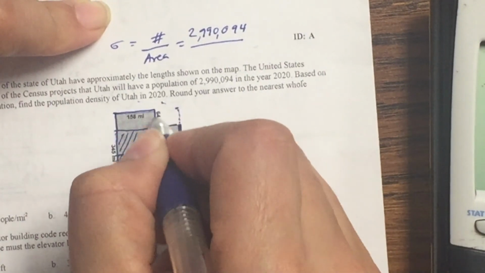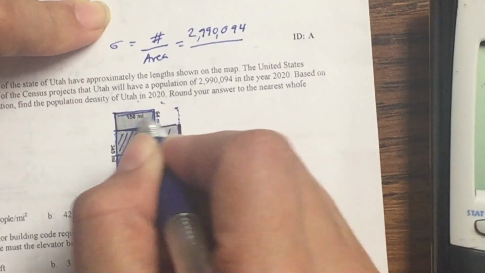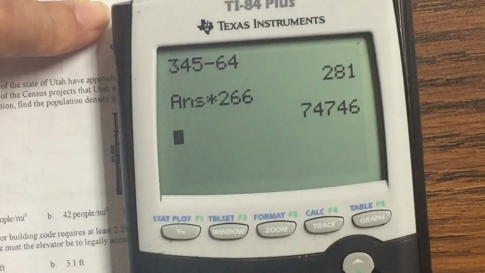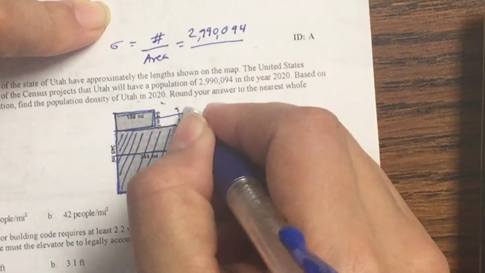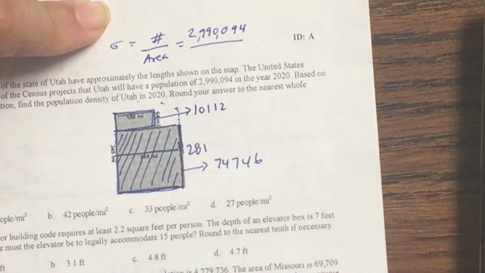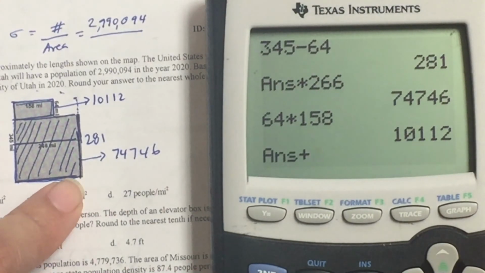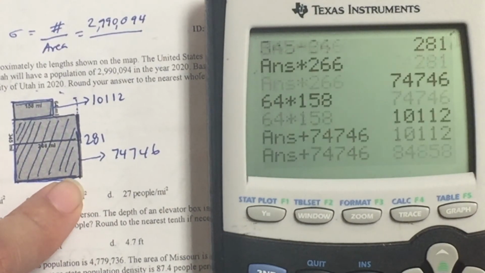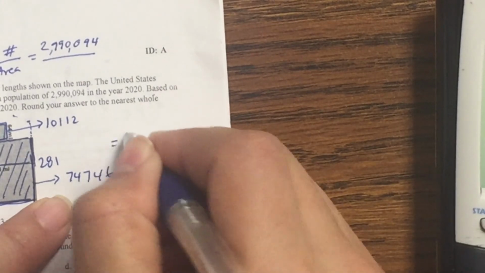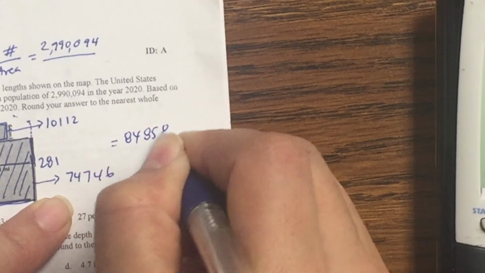And then all I'm left with is this one at the top, which is 64 times the 158. 10112. So add those two up, and you get 84858.